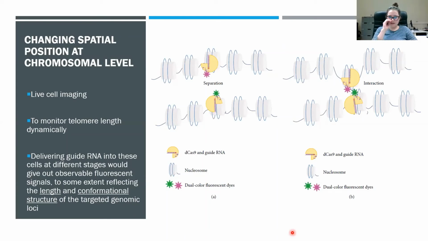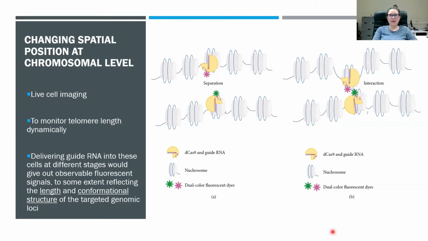And this was an interesting thing: Cas9 protein can be coupled with fluorescent dyes, and we can image live cells, whereas electron microscopes and many other microscopes allow us to image only dead cells.